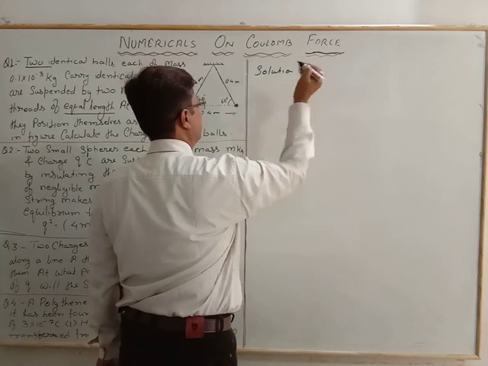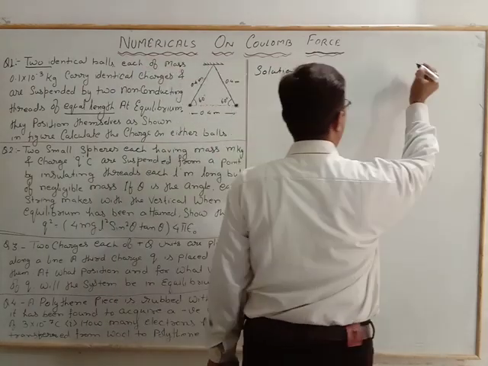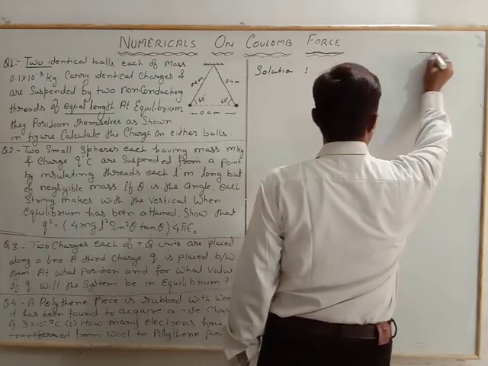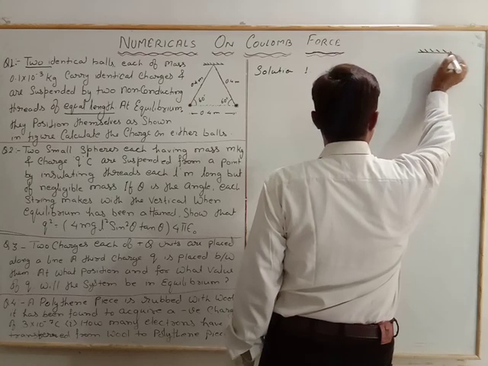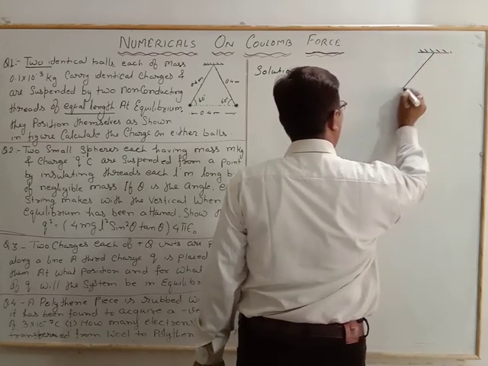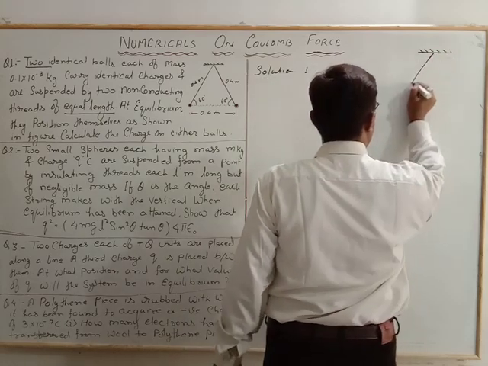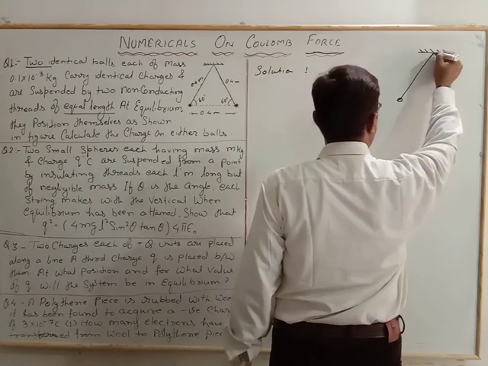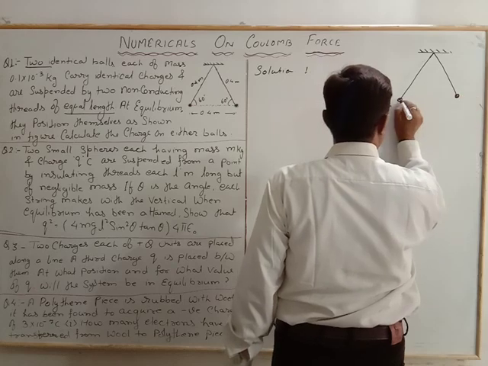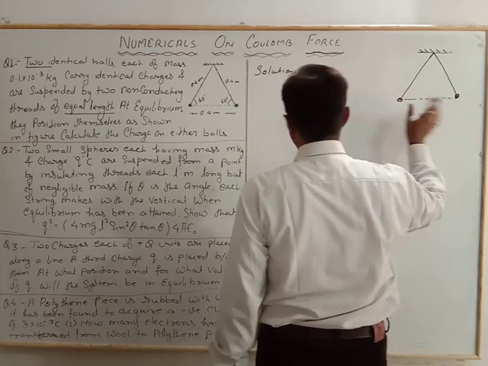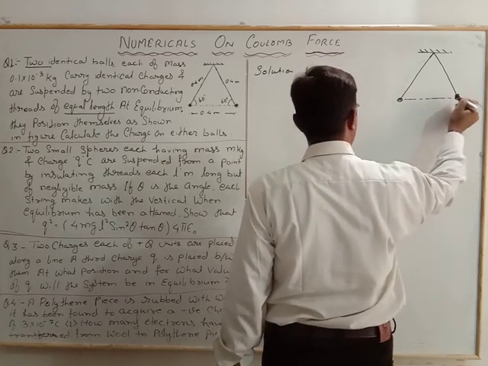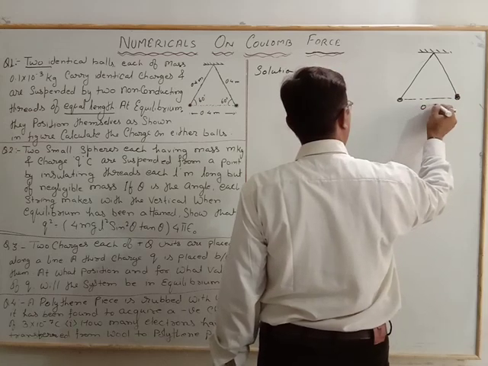Solution 1. Now I am going to draw the figure again. One ball and another ball, and the distance of separation between the two balls is 0.4 meter.